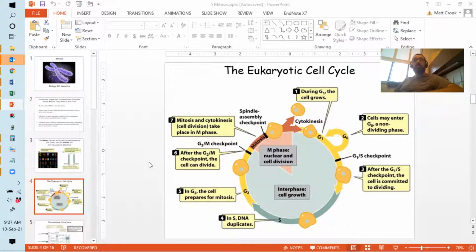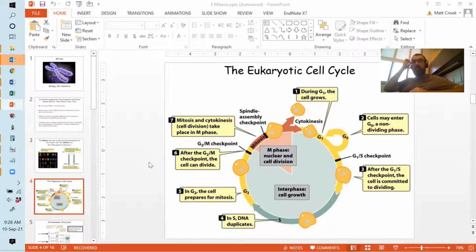So essentially making sure that all of the DNA has been copied and none of it is damaged. There are no broken chromosomes, there are no regions where there are no bases, single-stranded, stuff like that. Super, super important. And if there is damage, sometimes it can be repaired.